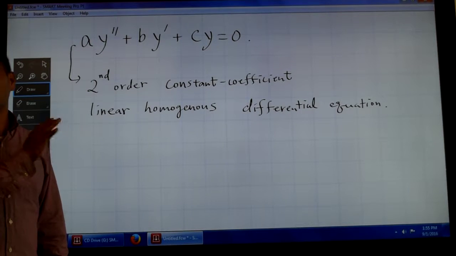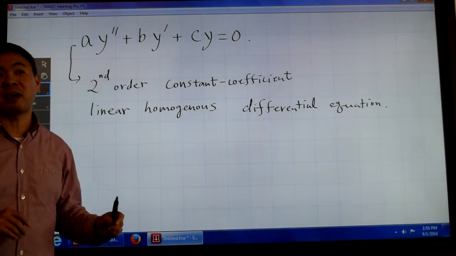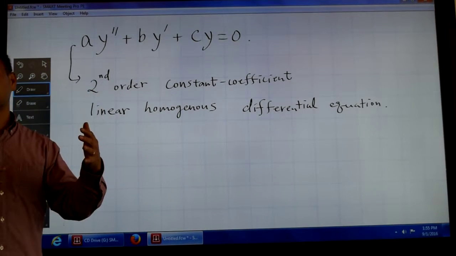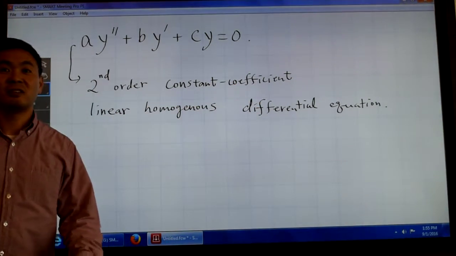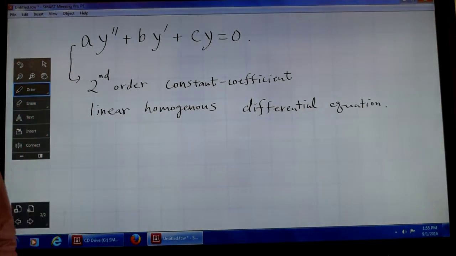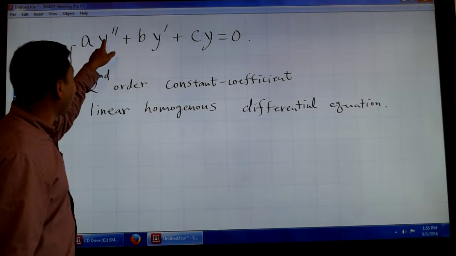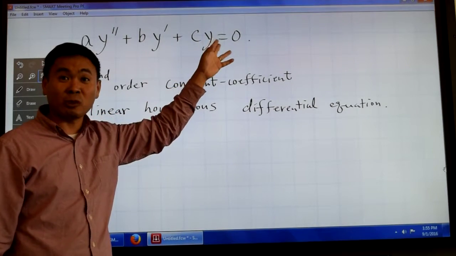When we were dealing with first order homogeneous differential equations, the word homogeneous over there meant that the differential equation looks like a homogeneous function times y prime equals another homogeneous function. Here, homogeneous means the right side is 0. I mean, the reason you call it homogeneous is because everything here has order 1, order 1, order 1, right? y of order 1.